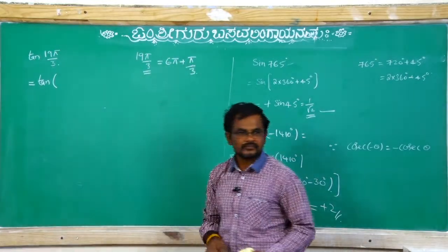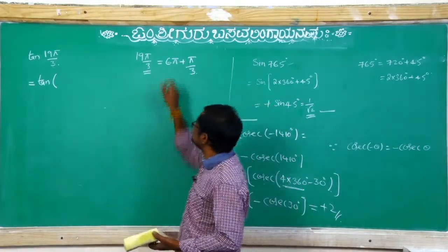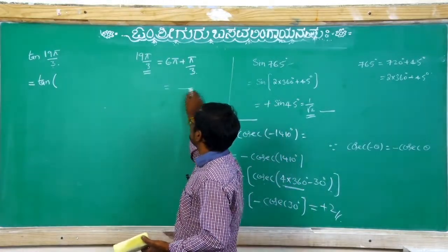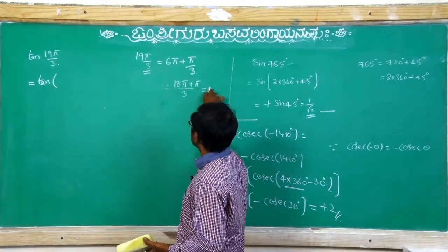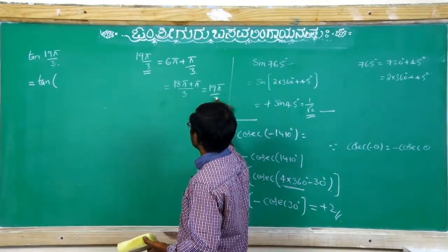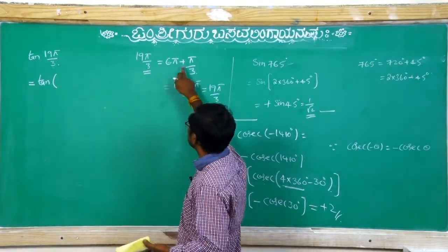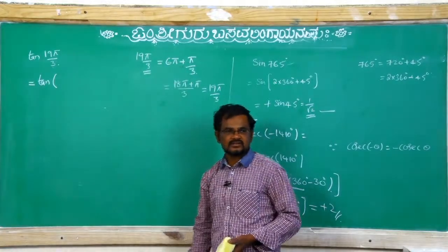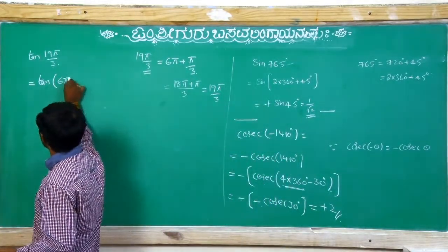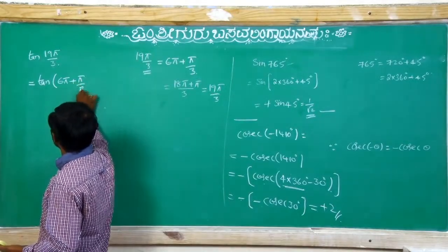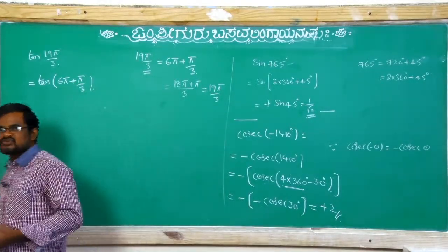Can you write? Take the LCM: 3 here, 18 pi plus pi, that is equal to 19 pi by 3. Suppose 17 is there, means here minus you have to take, like that. Now this can be written as 6 pi plus pi by 3. But after that what we have to do?